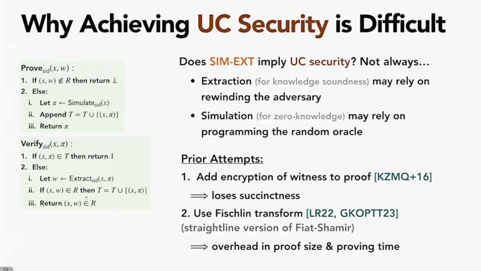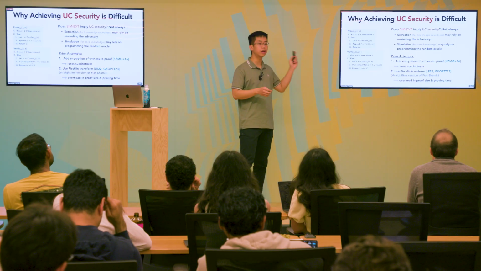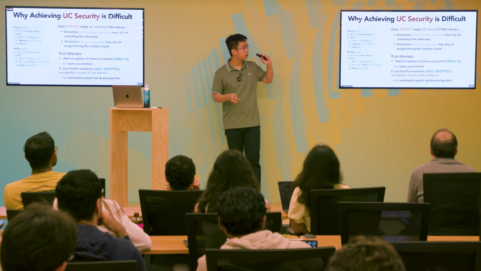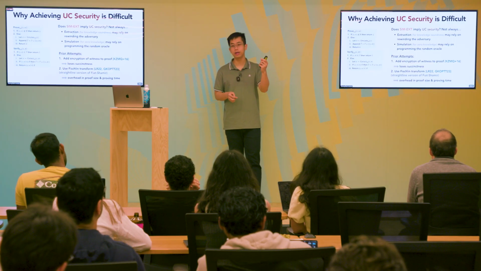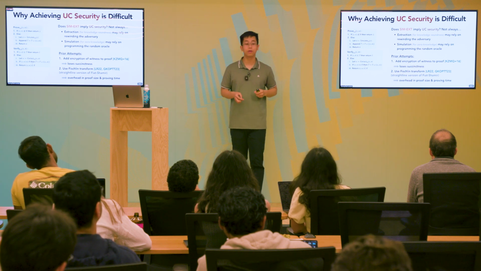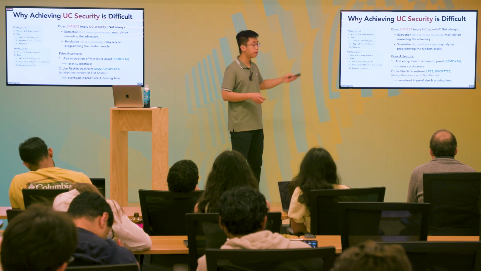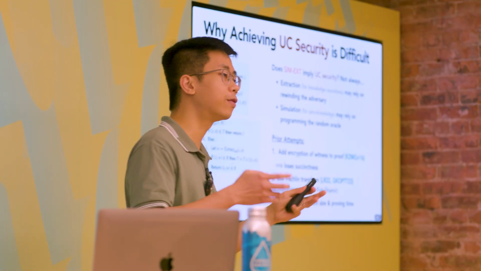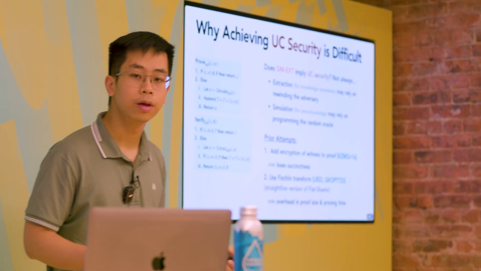Because of this, there have been prior attempts at trying to overcome these limitations and hence to achieve UC security. One such attempt is to encrypt the witness and send it together with the proof. So now extraction becomes simple because the extractor can just hold the secret key and then decrypt the encrypted witness. But then this loses succinctness, and we want succinctness in a lot of applications.